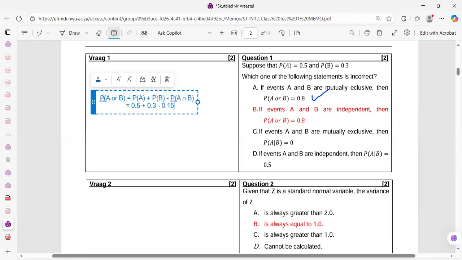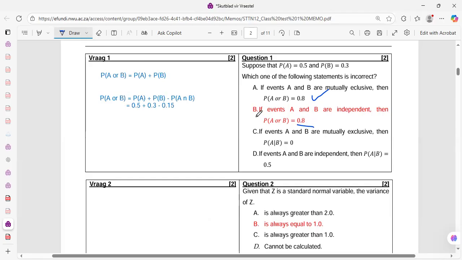So 0,5 plus 0,3 minus 0,15 is 0,65. That's the reason why this is incorrect, because they said it's equal to 0,8.